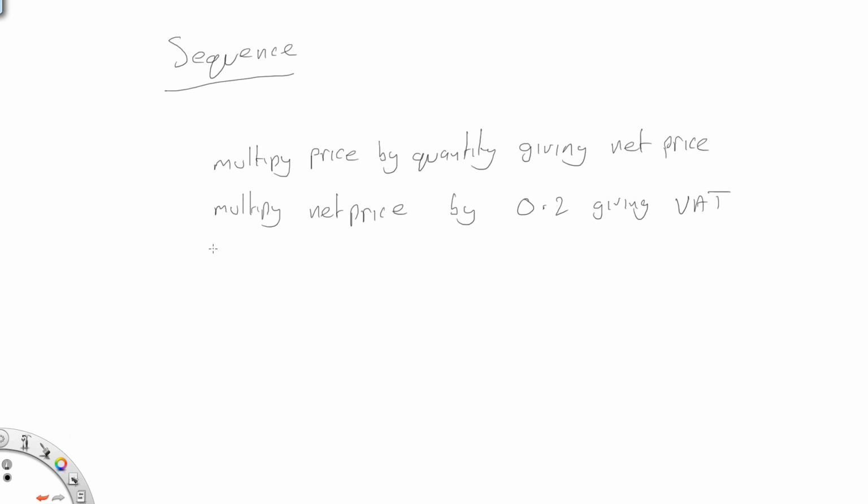Okay, so then we might say add VAT to net price, giving the gross price. So three instructions or three commands executed in sequence, and the structured English version here is just of what the code would actually do.